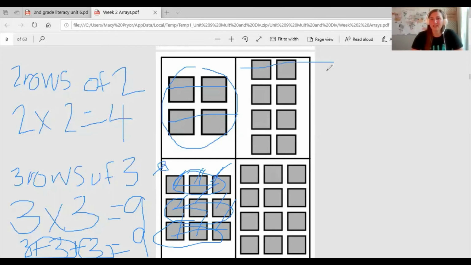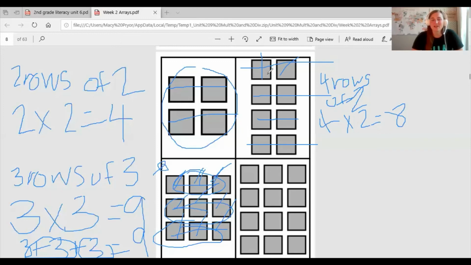I have 1, 2, 3, 4. I have 4 rows of 2, because there are two squares in each row. So 4 times 2 equals 8.